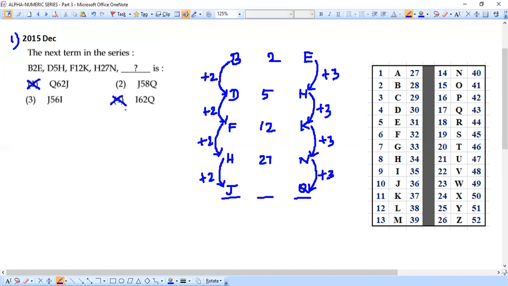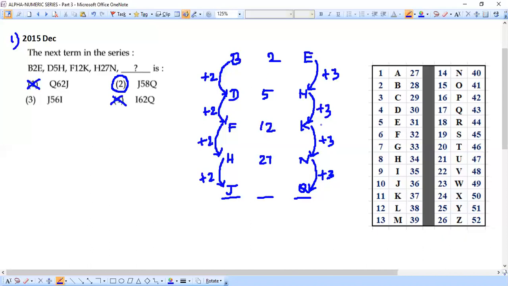Now come back to the options. This is enough for us to confirm which among the remaining two choices is the correct answer, whether the second one or the third one. Now we can surely say, our answer is starting with J and ending with Q. That means we can confirm option 2 must be the correct answer, right? See here, this is the advantage. When we go piece by piece, it is not necessary that we solve the full problem and fill all the steps.